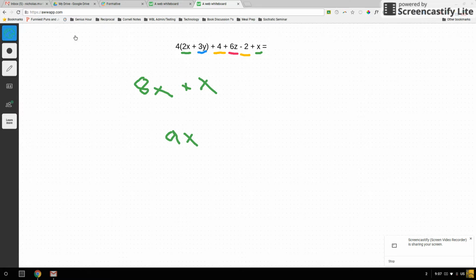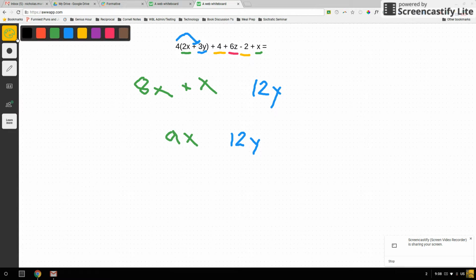All right, let's do y next. Once again, distributive property, 4 times 3y. Well, 4 times 3 is 12, so I have 12y. Looking, I have no other y's in my equation, so I'm just going to move that down, 12y. Actually, I'm going to skip over and do my z's first.